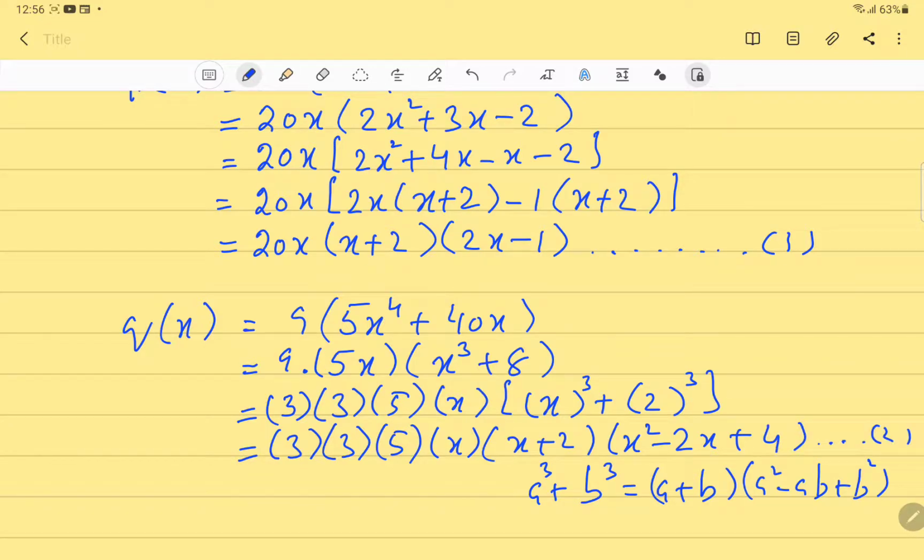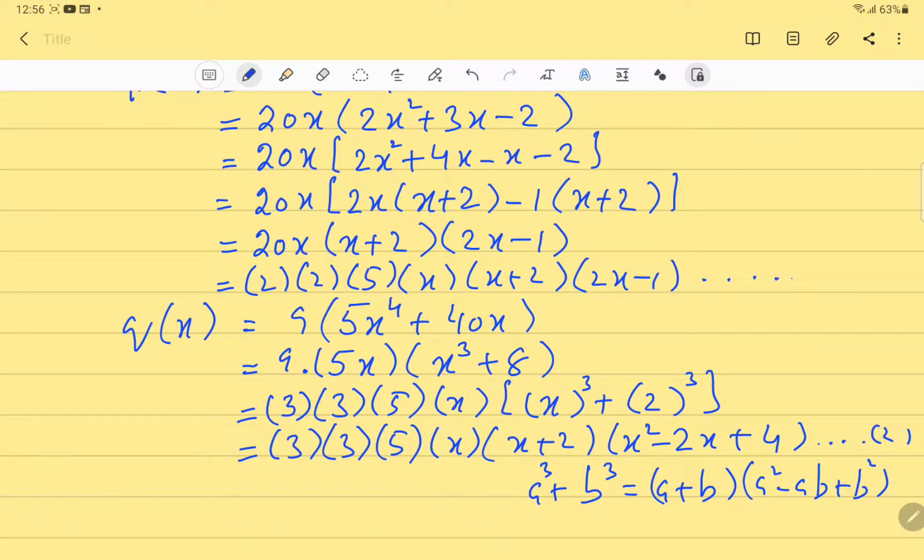And one more thing, in case of first one we forgot to factorize the digit which is 20. We will be factorizing it also. It will be 2 into 2 into 5 which is 20, then x left, x plus 2 and 2x minus 1. So this is our first factorization.